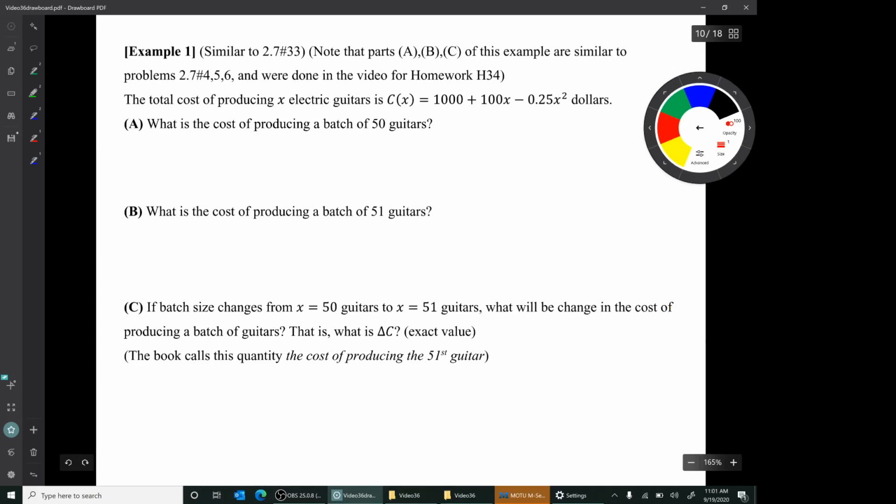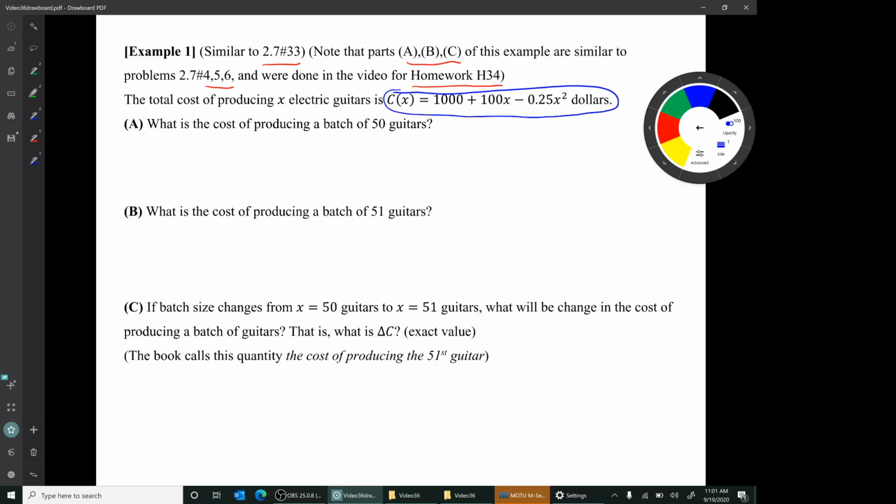Let's do an example. Example 1 is similar to 2.7, number 33. But parts A, B, C are similar to problems 2.7, 4, 5, 6. These exact parts, A, B, C, were done in the video for homework 34. So in this example, we have a company manufacturing electric guitars, and the cost function for making a batch of x guitars is that function.